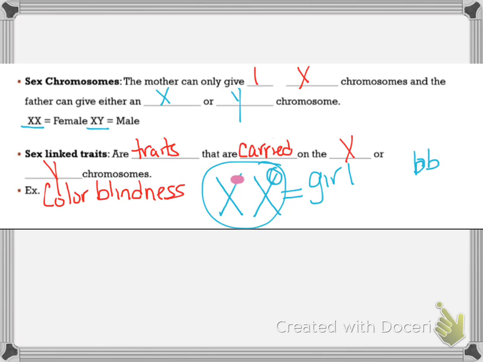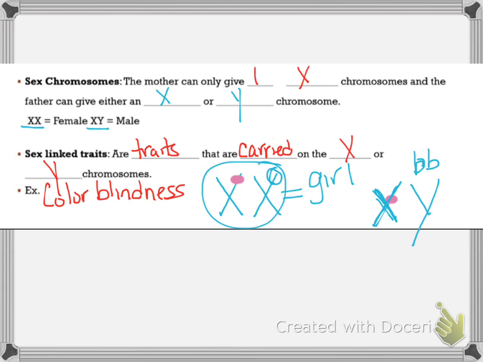Well, then on the opposite spectrum of that, we have the mom who has that recessive trait for colorblindness, and the dad doesn't have it, but it's a boy that, or Y, comes to the picture, and you get a little boy.